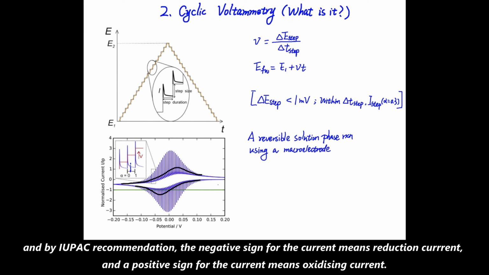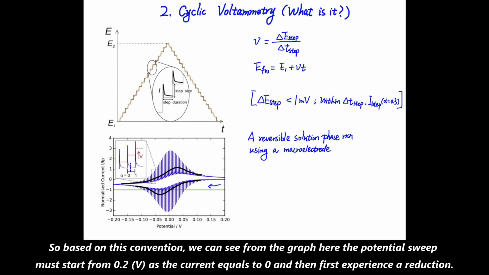By IUPAC recommendation, the negative sign for the current means the reduction current, and the positive sign means oxidation current. So based on this convention, we can see from the graph here, the potential sweep must start from 0.2 as the current equals 0, and then first experience a reduction.